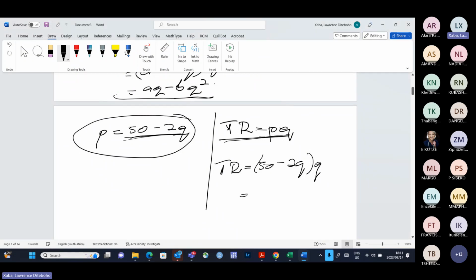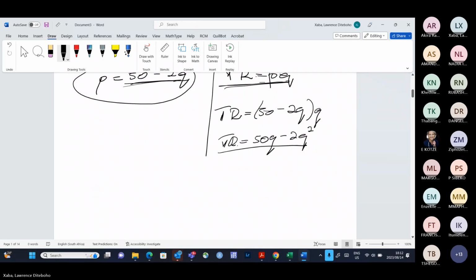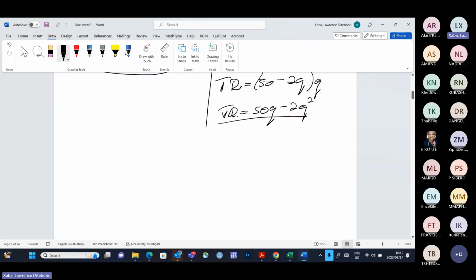So we simplify that. When we simplify that, we end up having 50Q minus 2Q squared. So this is our quadratic equation of total revenue. The interest here, we want to know what is the price.